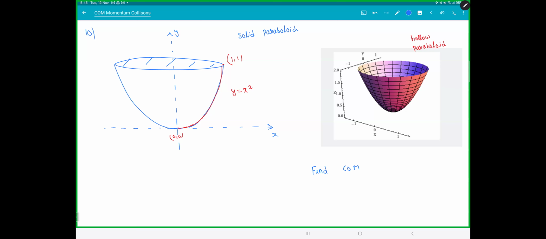Hope the question was clear, everyone. So the most important thing is to figure out, first of all, how will you take an element? Take a minute. I'll show you a bit.